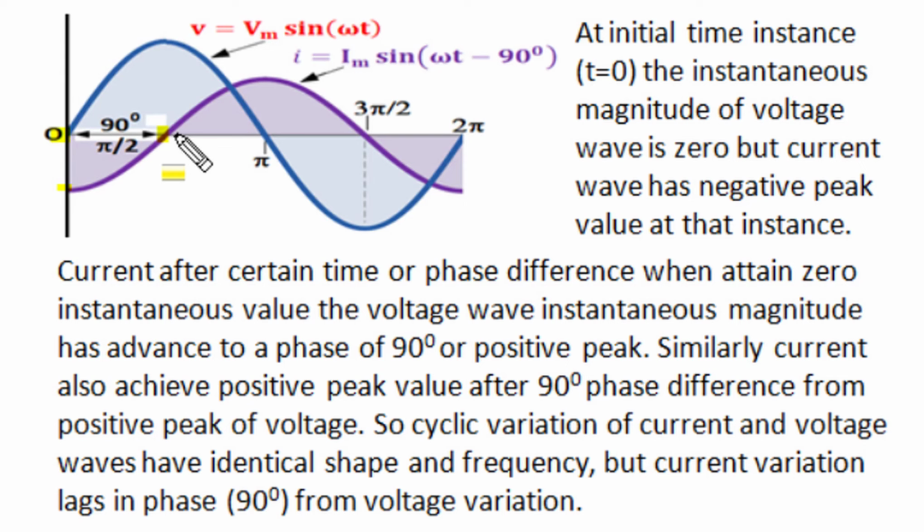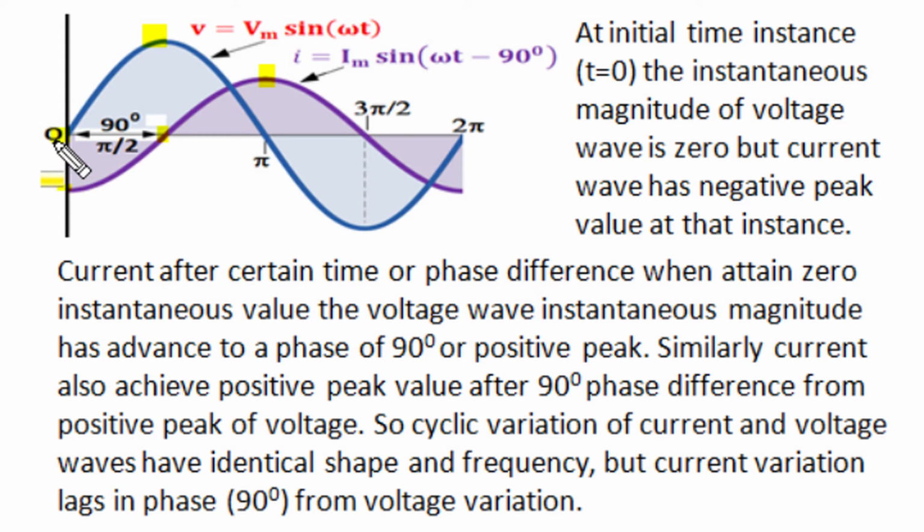So current lags voltage by 90 degrees, and after a 90 degree phase difference or corresponding time, current will attain the same phase condition that voltage had 90 degrees before. Voltage will attain its positive peak at 90 degrees, and the current wave will attain the same positive peak after 180 degrees from start. So current lags voltage by 90 degrees for all identical phase conditions.